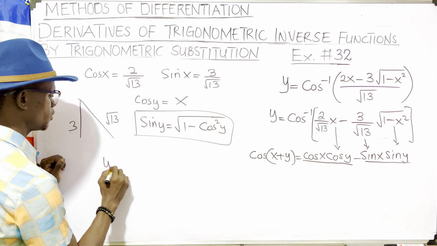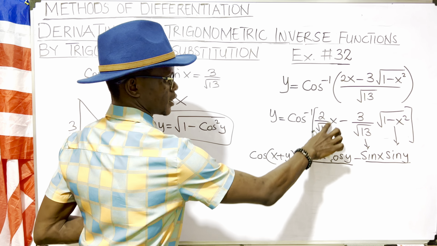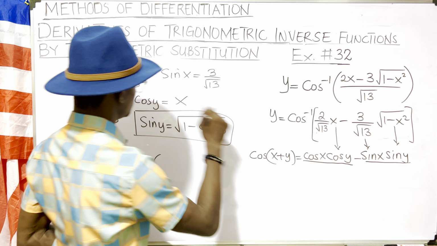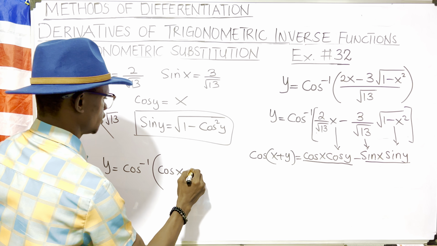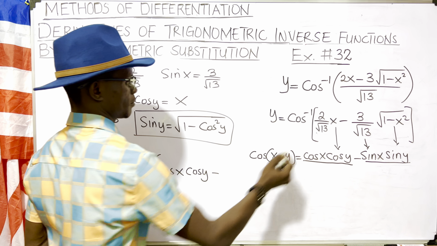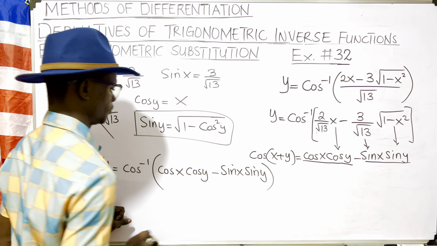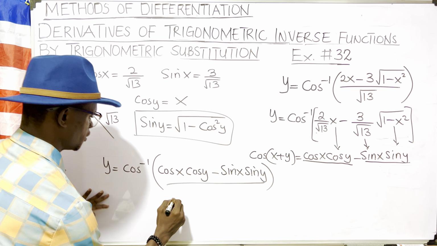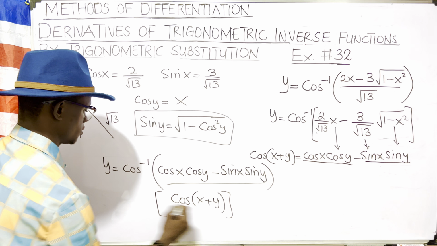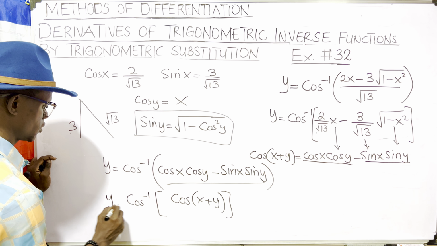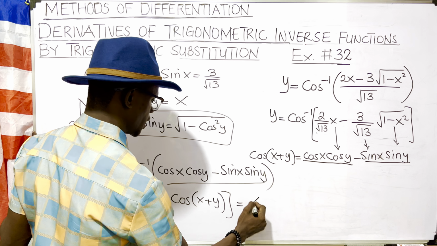Therefore, we have y equals cos inverse of: 2 over the root of 13 is just cos of x, and this x is cos of y, minus sine of x and sine of y. This is an identity which leads us to cos of x plus y, and cos inverse of cos of x plus y is just equal to x plus y.